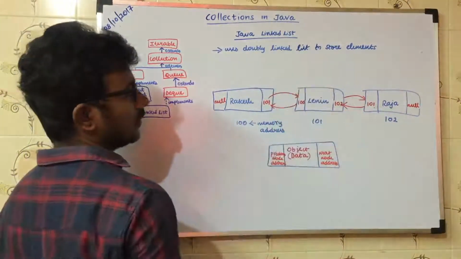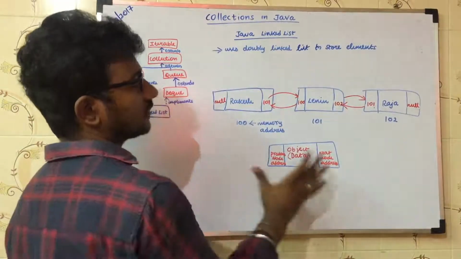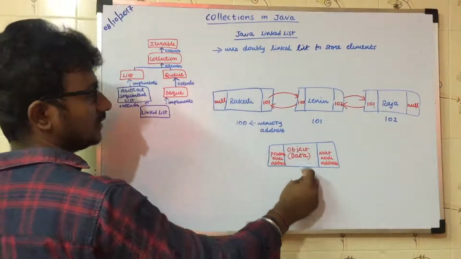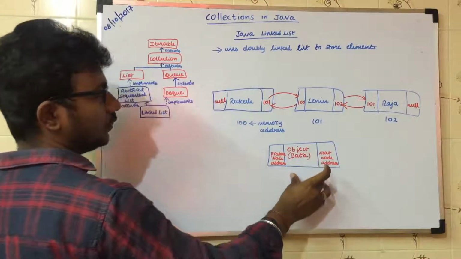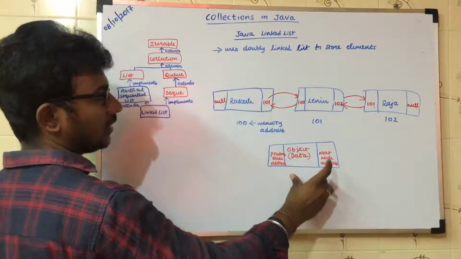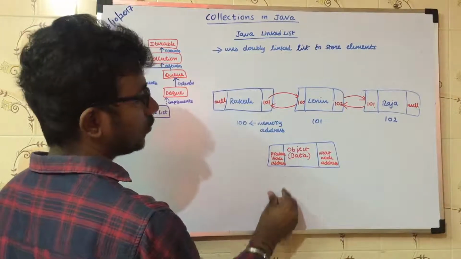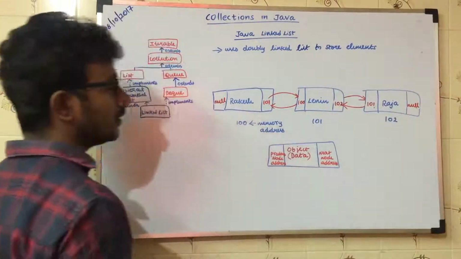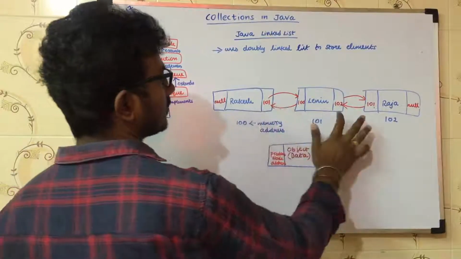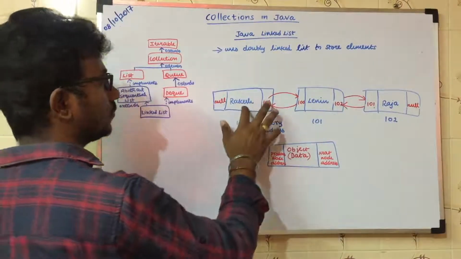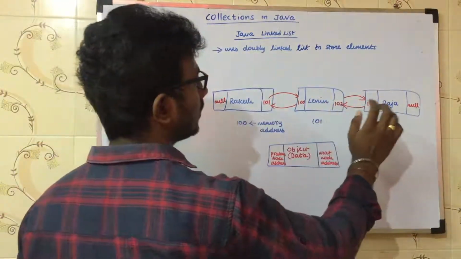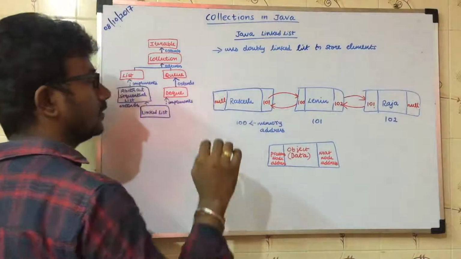So, doubly linked list. This is the doubly linked list node structure. Here, this is a single node. The middle one is the data, to hold the data, and this is the previous node address. This is the next node address. So, for example, consider these three nodes. The first node has Rakesh as data, the second node Lenny, and the third node Raja.